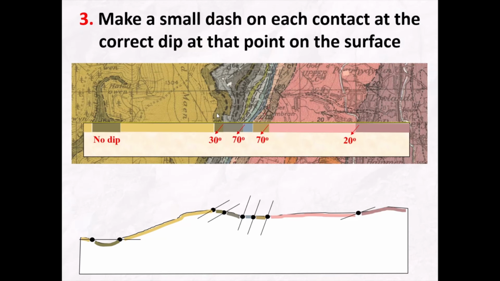I'm going to assume that that 30 degree dip applies to these, so I've made a small dash at 30 degrees there. And out here, these are the contacts which are parallel to the ground contours, so I'm going to assume they're horizontal, and I've marked those on as small horizontal dashes. Okay, so I've got these small dashes, and at some point I'm probably going to rub these out and modify them.